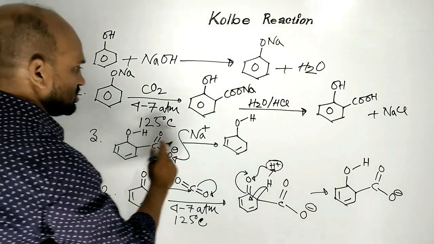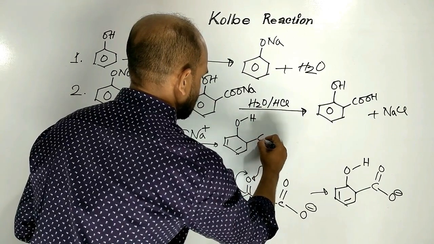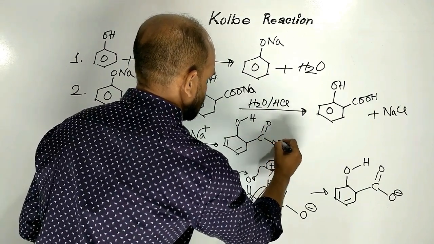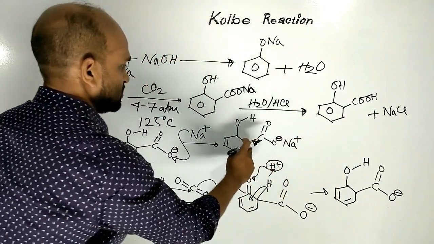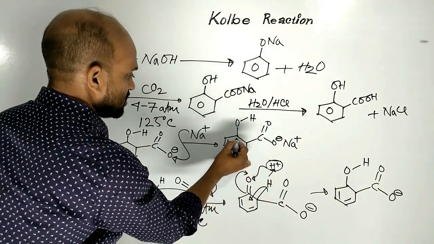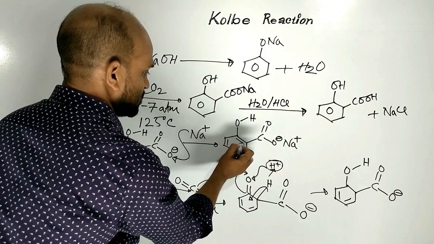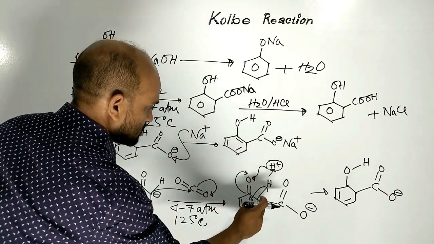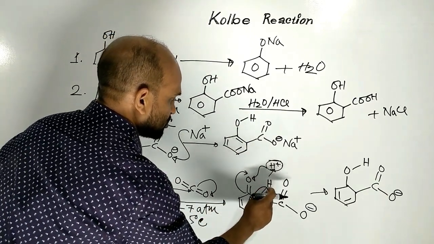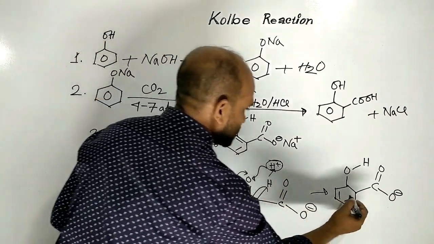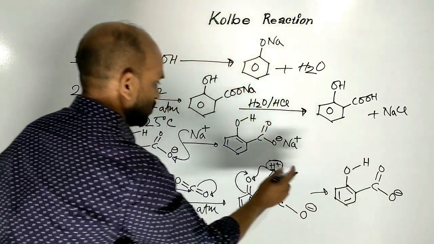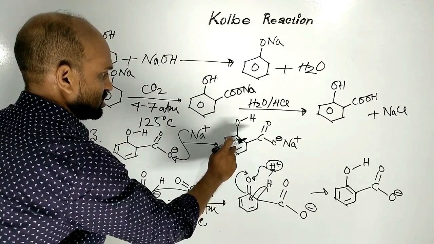Hydrogen, here minus plus. Here double bond is formed. This carbon hydrogen bond changes to carbon carbon double bond. Here double bond. This double bond here.